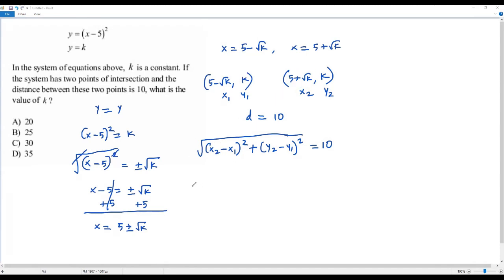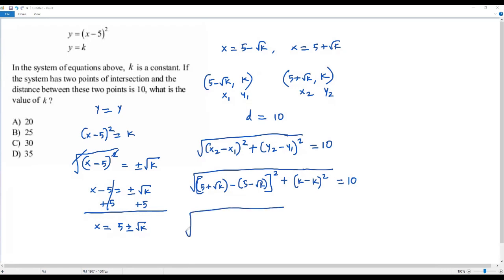Then I'm getting square root of, for x2 we have 5 plus square root of k, minus the value of x1, which is 5 minus square root of k, the whole square, plus the value of y2 which is k, minus the value of y1 which is also k, the whole square equals 10.